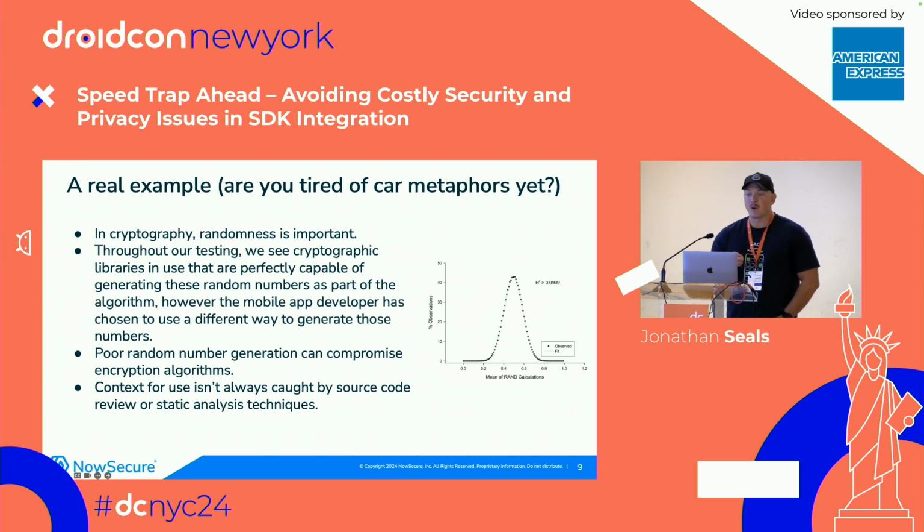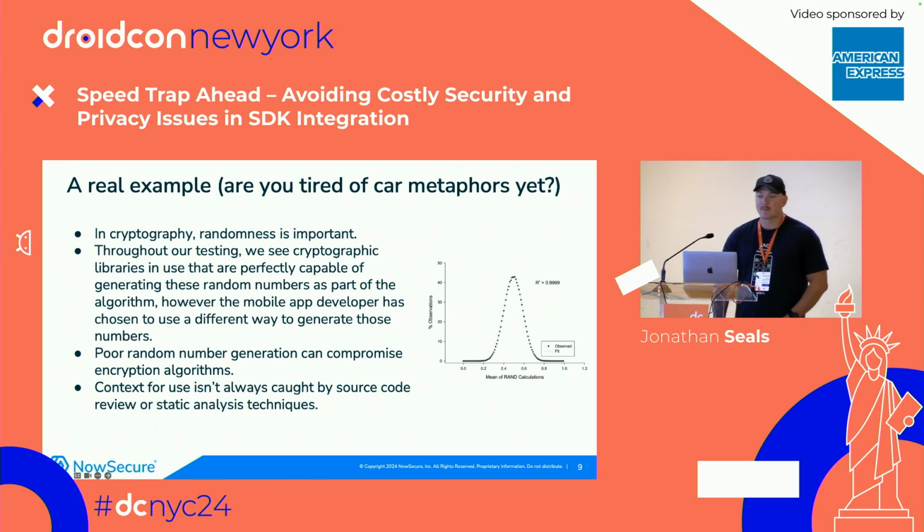During testing, we often see developers bypassing cryptographic libraries which are perfectly capable of generating secure random numbers. Instead, they choose to use an alternative, often less secure method for random number generation. The randomness used in cryptography must be unpredictable to prevent attackers from guessing encryption keys or other secure values.